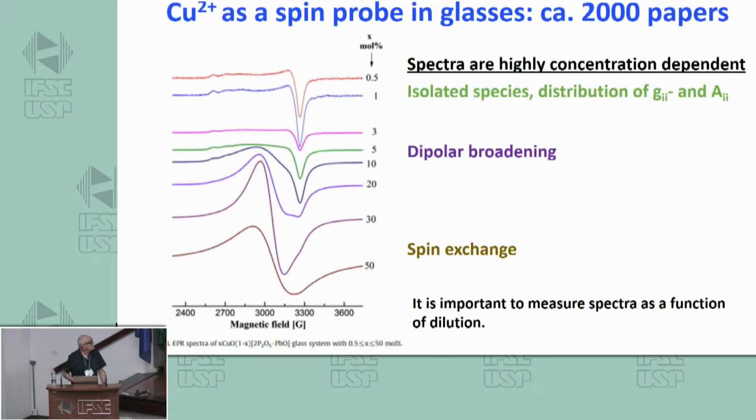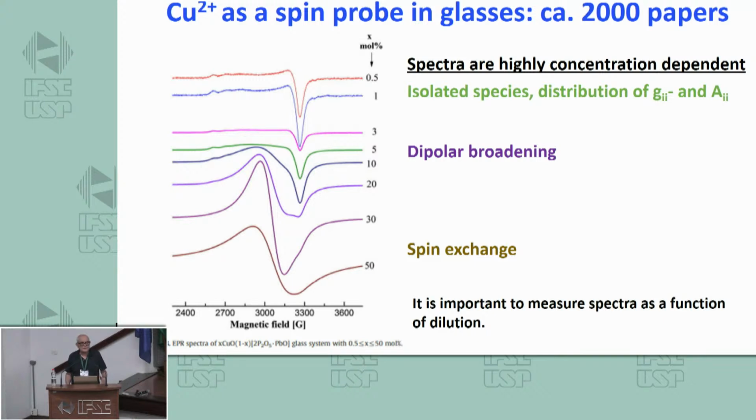So let me show you some results on glasses. When you do a Google search on copper EPR of glasses, you come to about 2,000 publications. That's because today experts like Claudio Margon are becoming rarer and rarer in the community.